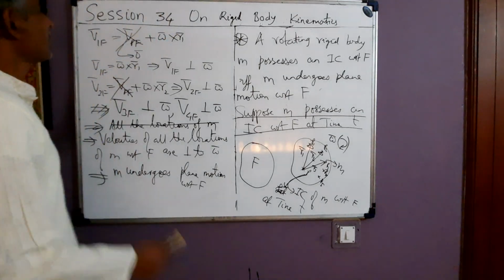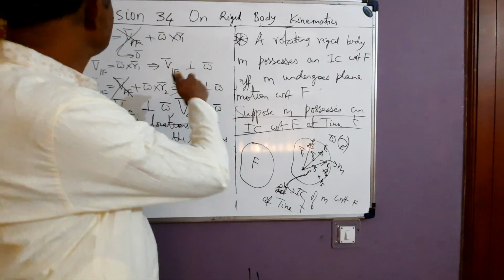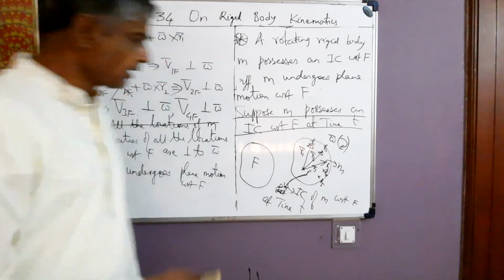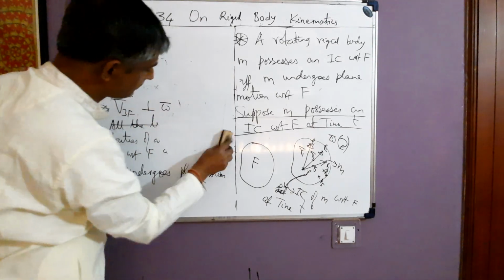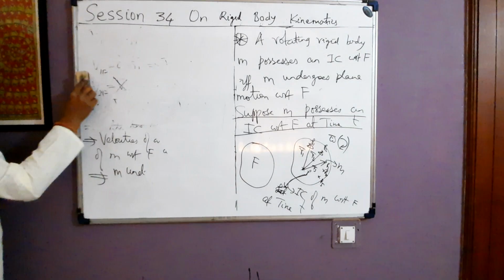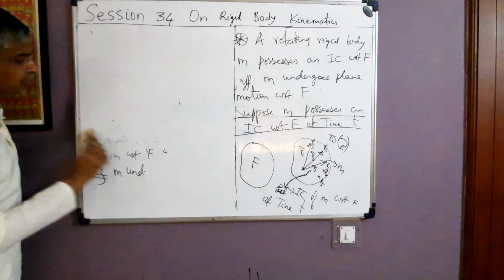Now the second aspect I will explain. Now we have to prove the converse. Now we have to prove that if M undergoes plane motion with respect to F, then M possesses an IC.